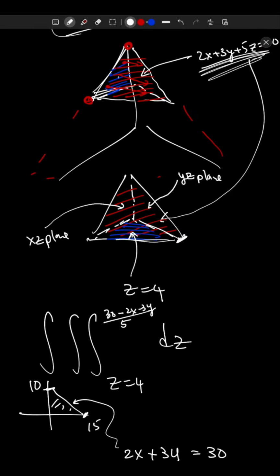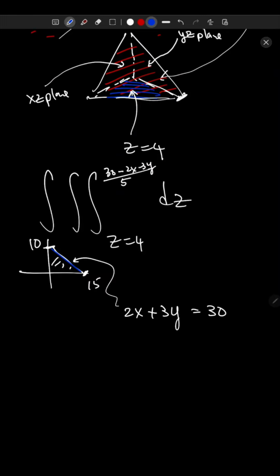And that's correct because, if we compare it with the equation of our plane up here, if we let z equal 0, that should define the line that we're looking at right now. And so that's 2x plus 3y equals 30. Which means when we write out our dy dx, let's do dy dx.